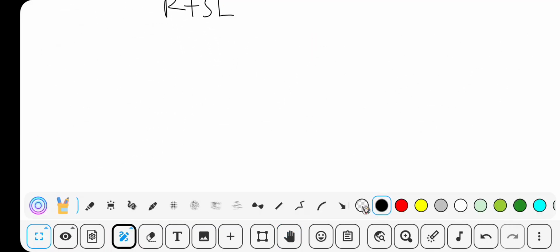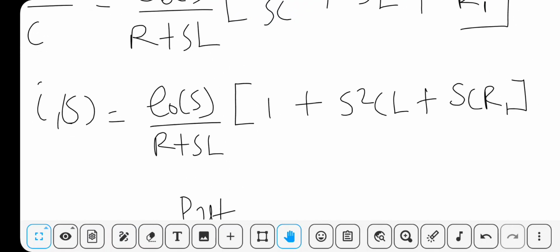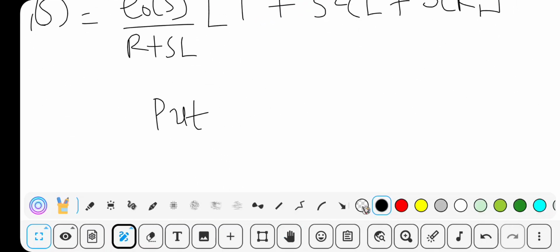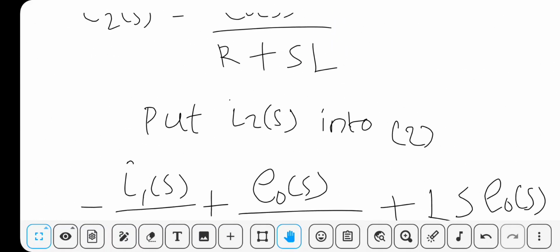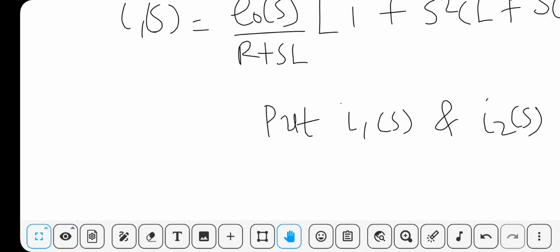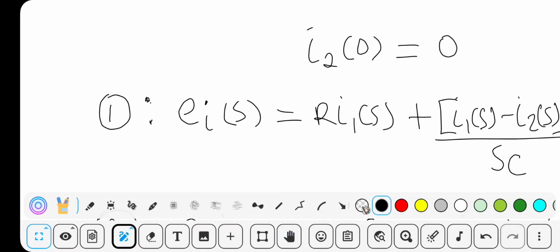Now put this value of I1 of S, and also I2 of S, into this equation 1, this one here.